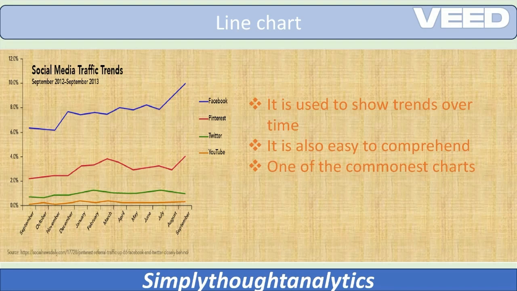So also is the line chart. You are going to be using line charts so many times because they are very easy to visualize, easy to present, and also easy for stakeholders or non-technical people to understand what it is saying.